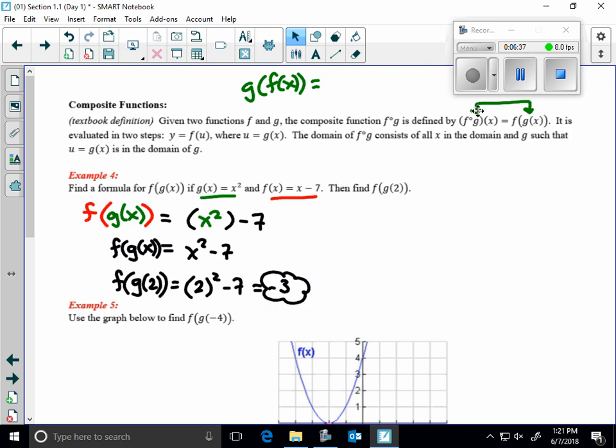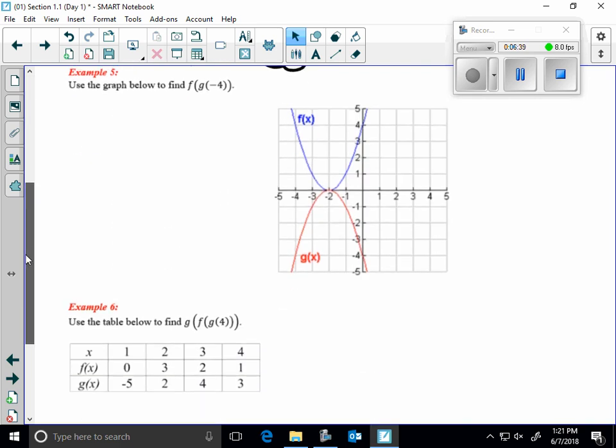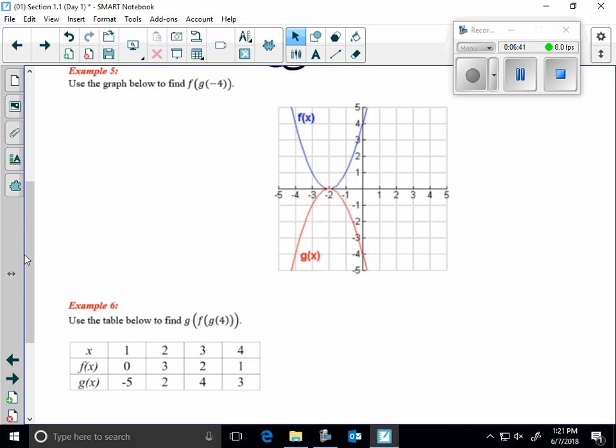All right, let's take this and look at a graphical representation. So check it out. I got f of g of negative 4. So let's first figure out what g of negative 4 is. Well, g of negative 4 from the graph, I'm going to go over to negative 4 and down to that value. Well, g of negative 4 is negative 4.